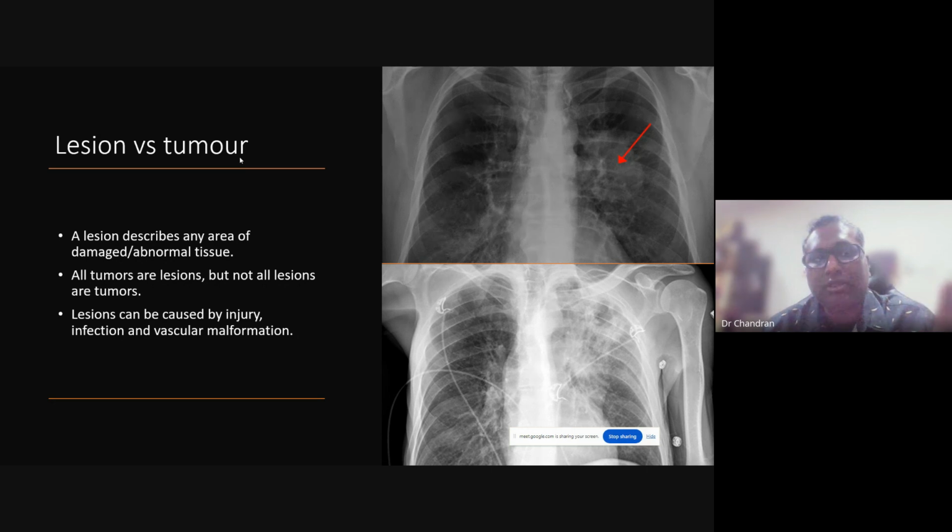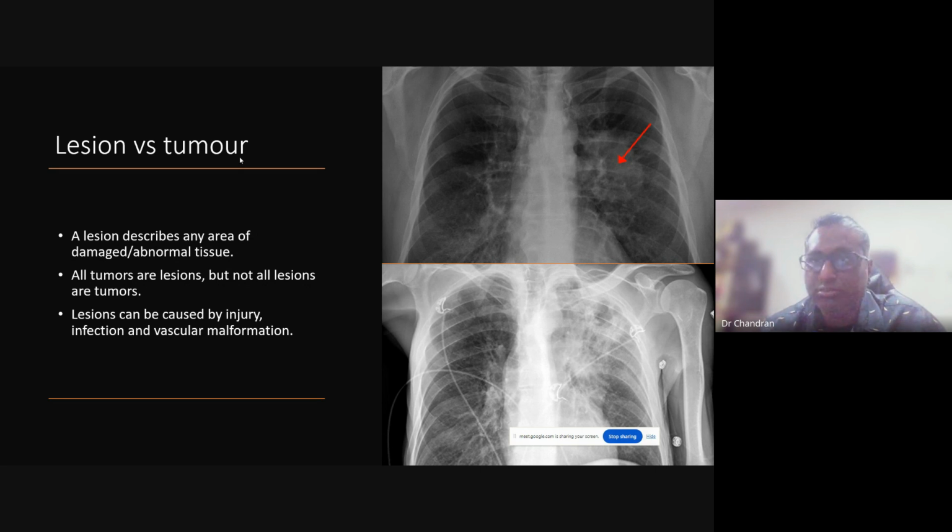When you talk about a lesion, I know that area is abnormal, but I don't know whether it is a growth or an infection or what it is. I have no idea what it is, but I know it is abnormal. So to be on the safe side, I use the word lesion until I prove this is a growth. Basically, anything abnormal is a lesion.